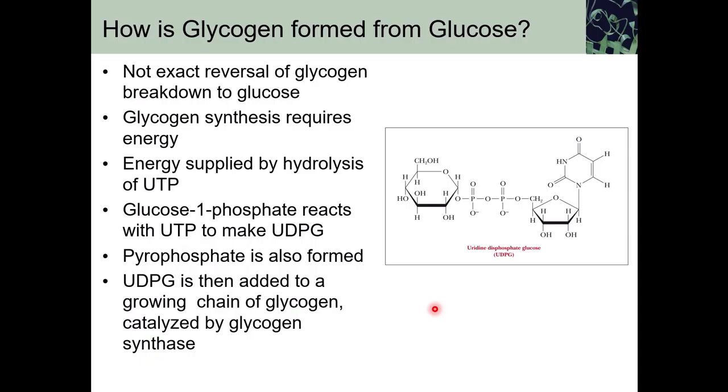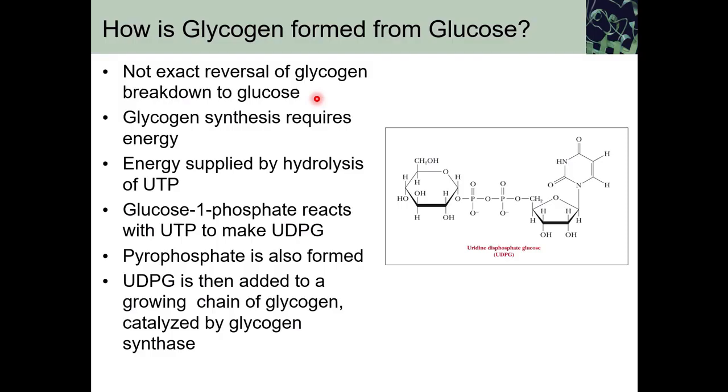How do you synthesize glycogen from glucose? First and foremost, it's not the exact reversal of glycogen breakdown to glucose, and that is important in metabolic processes. The opposite processes do not occur in exact reverse.